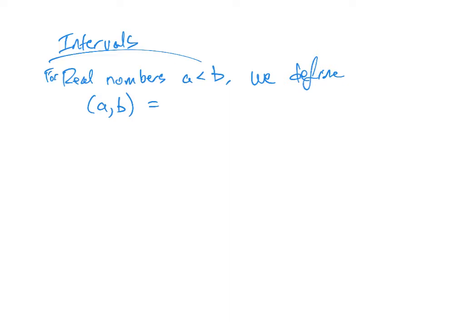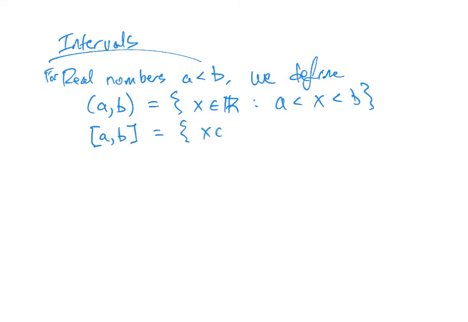That interval with the parentheses, that's the set of real numbers x that are strictly between a and b. We're used to calling that the open interval, right? And then the closed interval between a and b. We allow x to equal a or b in this case. And then we get the things we're used to calling the half-open intervals.